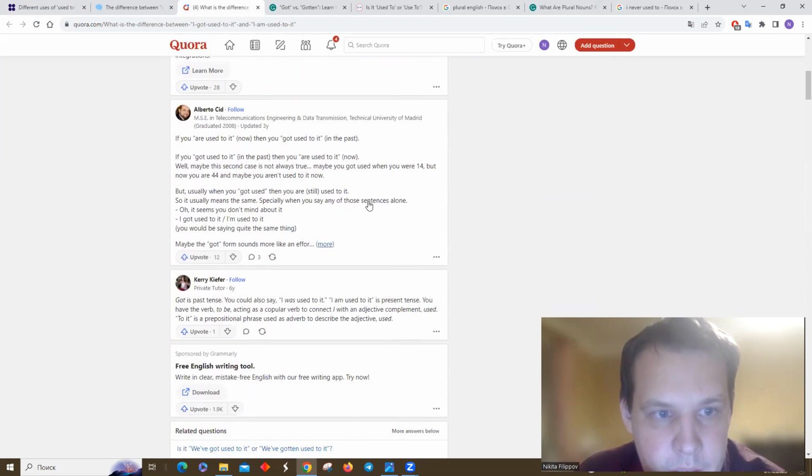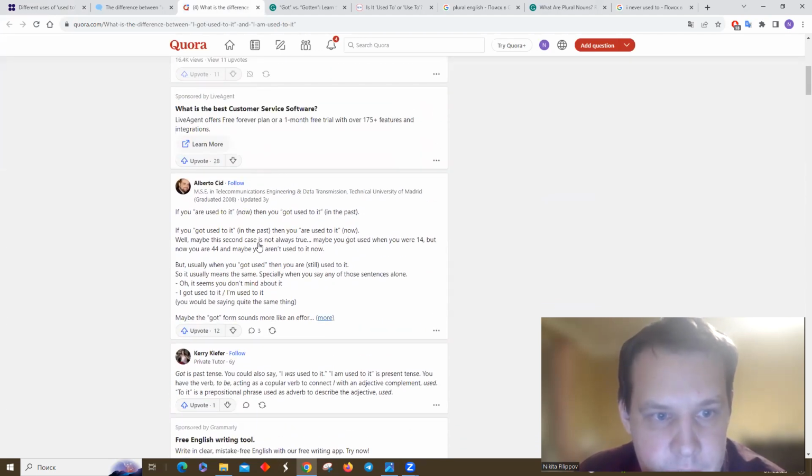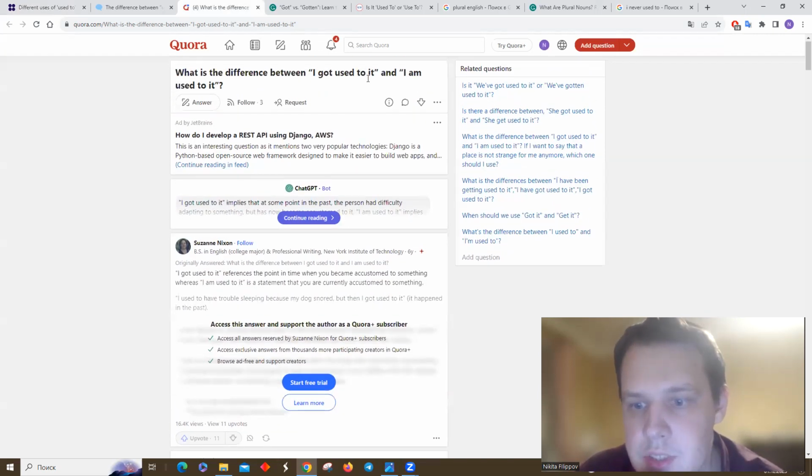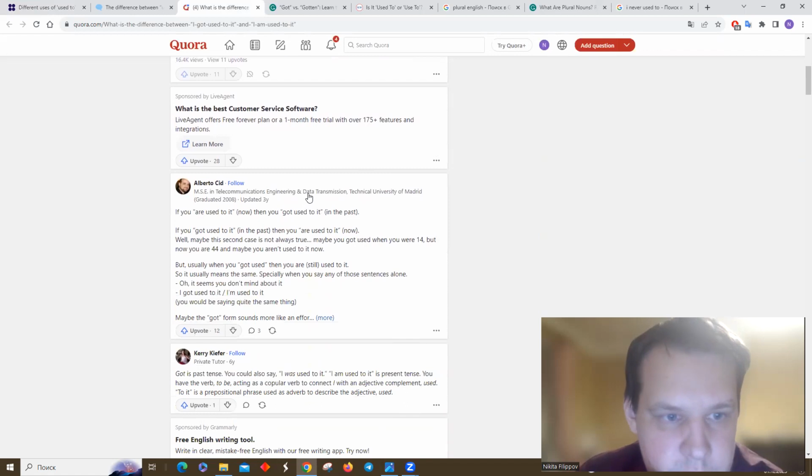And some people are saying that firstly, it's different tenses, as you can see. So here it's "got" with past simple and "I am" with present simple. So it's a little bit different tenses, firstly. But secondly, this "get" shows the effort. For example, if you're used to it, then you got used to it in the past, right?